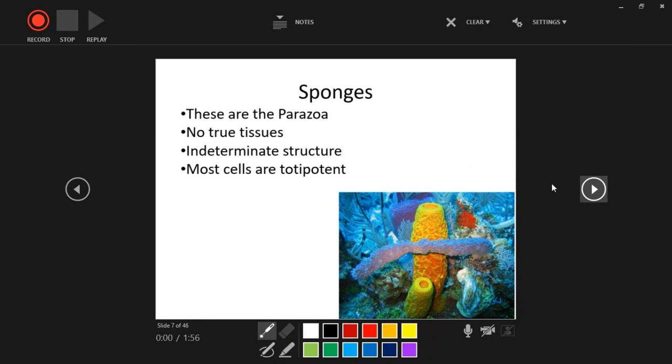So they can develop into oocyte, which means to make the eggs, or they could develop into the sclerocyte, which makes the spicules, and that's the structure that holds integrity of the sponge. All right. So here, these are examples of sponges.